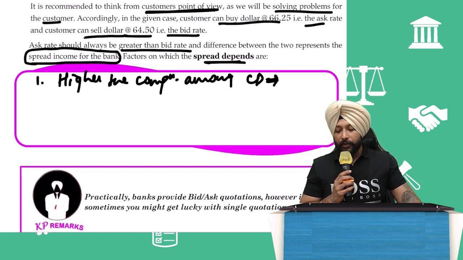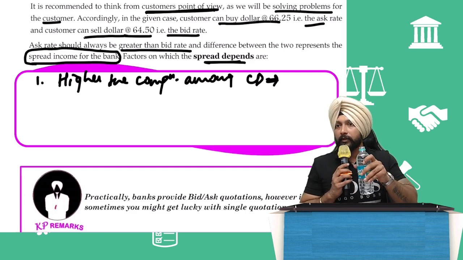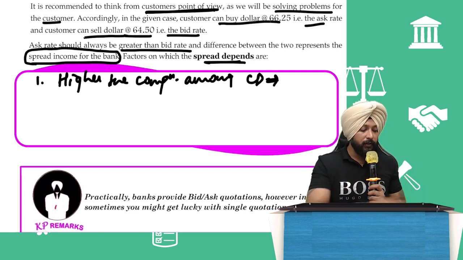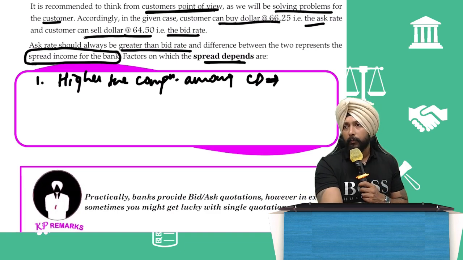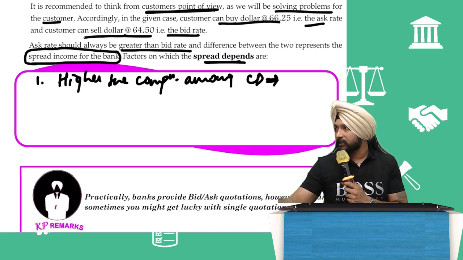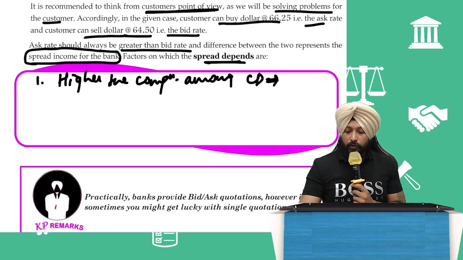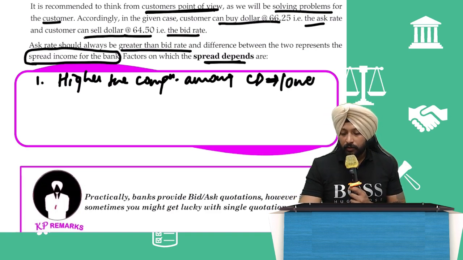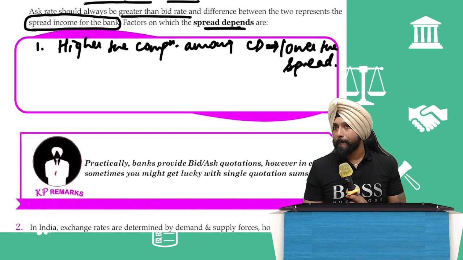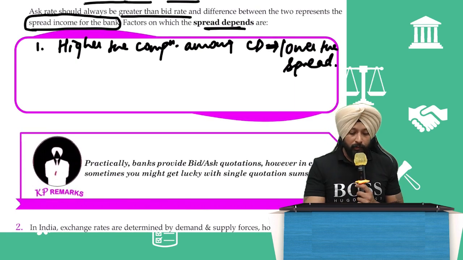If there is high competition among the currency dealers, what do you think will happen? Very good. Lower the spread. If there are more dealers available in the market, obviously they will have to charge less spread. So higher the competition among currency dealers, lower the spread. Next, point number 2.